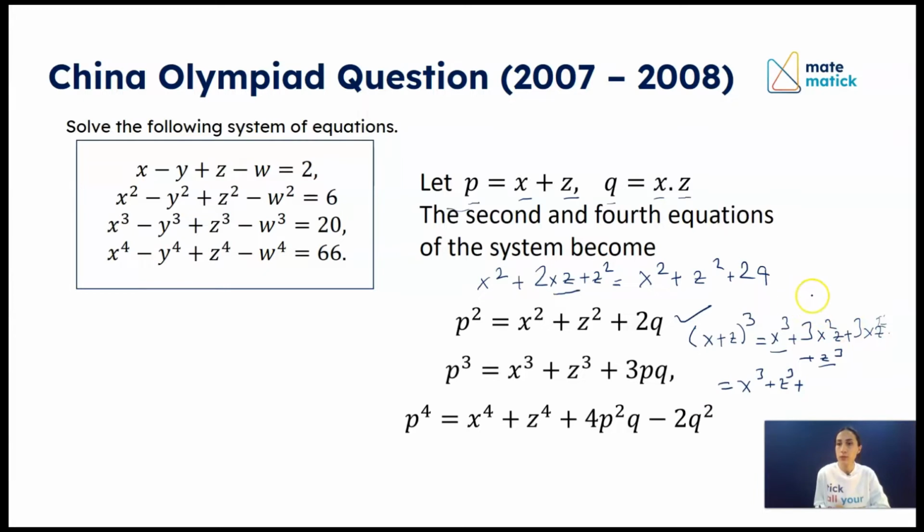For this, I can take 3xz out in a parenthesis, so x plus z is in the parenthesis. I know that x plus z is equal to p, while x times z is equal to q. So instead of this, I can write 3qp.